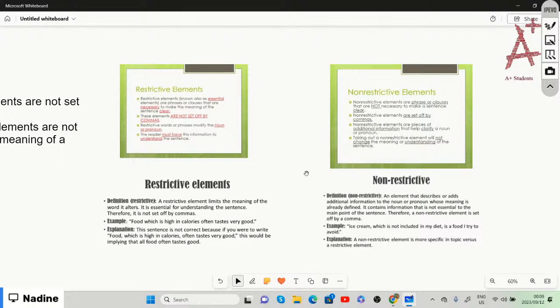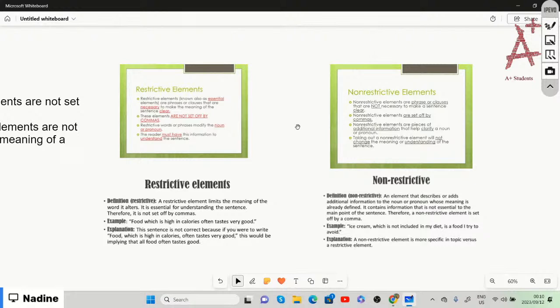Example: ice cream, which is not included in my diet, is a food I try to avoid. Ice cream, comma, which is not included in my diet, comma, is a food I try to avoid.